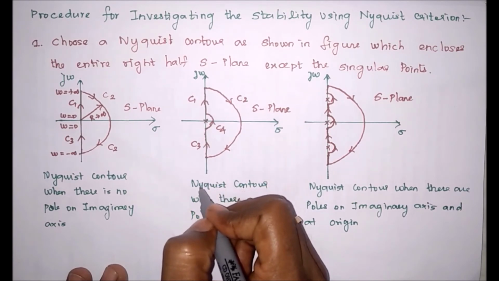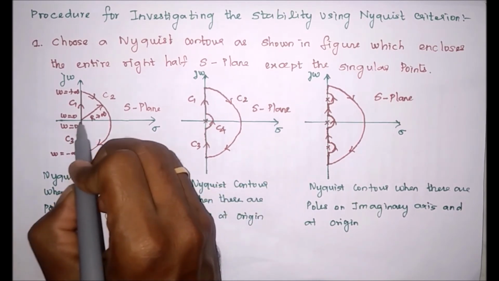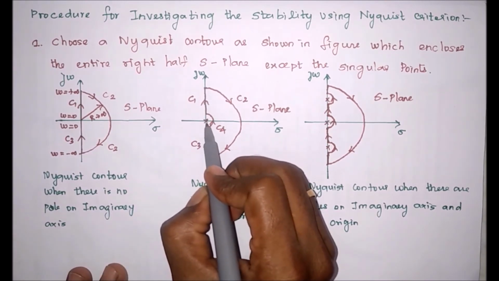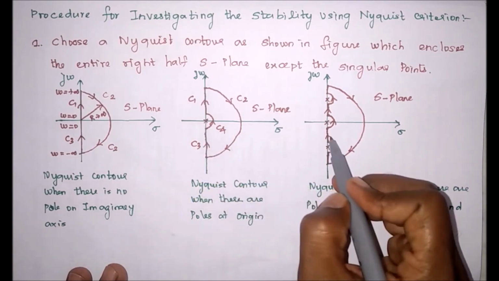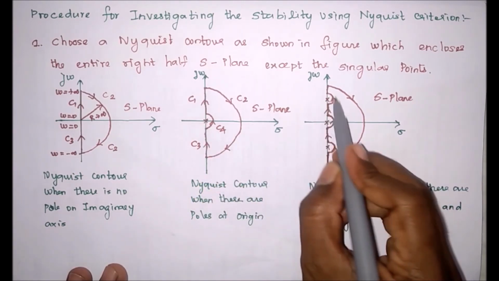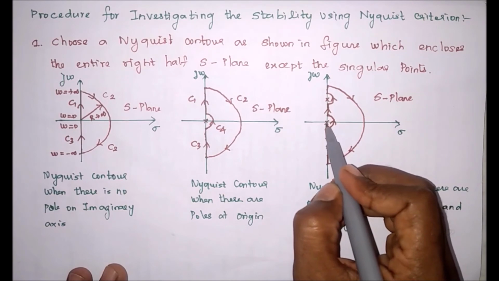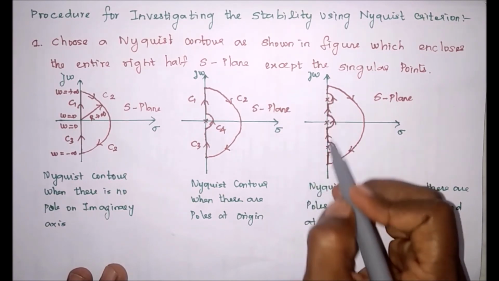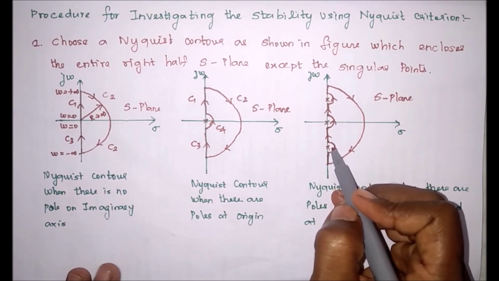In figure 1, there is no singular point. In figure 2, there is only one singular point, which means one pole on the origin. In figure 3, there are 3 singular points: one pole on the origin and the remaining 2 poles on the imaginary axis.